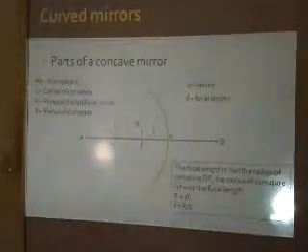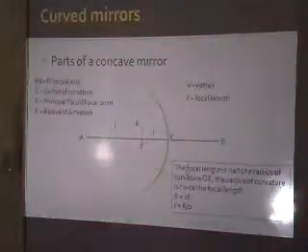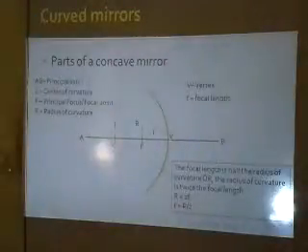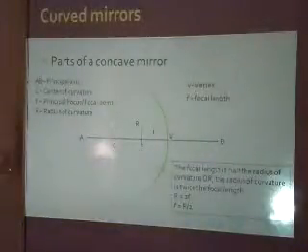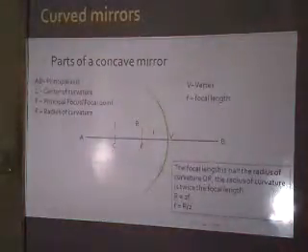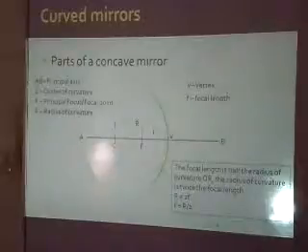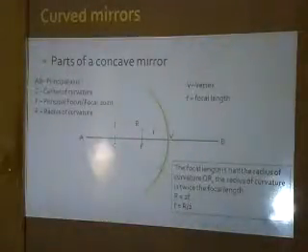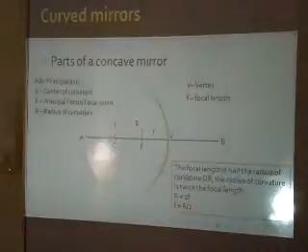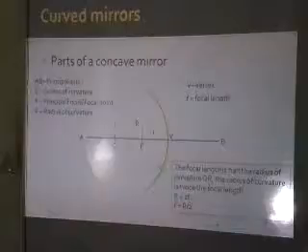So, what is the focal point? The focal length, which is from the vertex to the focal point, is half the radius. So this means that R is equal to 2F. 2 times the focal length will give us the radius.